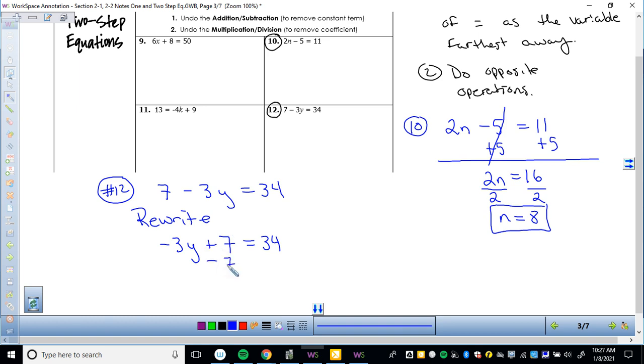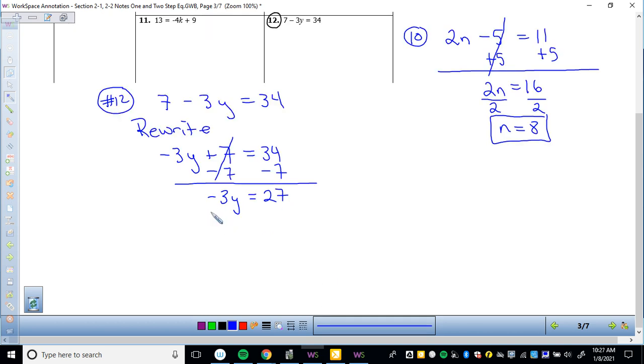So you're right, Zoe, we would subtract 7. 7 minus 7, that goes to 0. So we're looking at negative 3y is equal to 27. And now we can see we just divide by the negative 3. And we get y equals negative 9. Answer, box your answer.